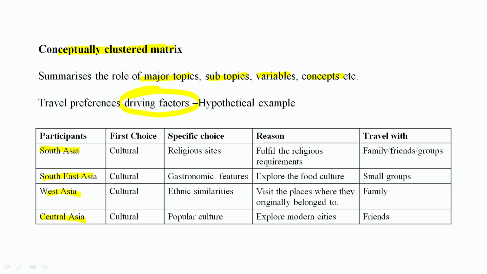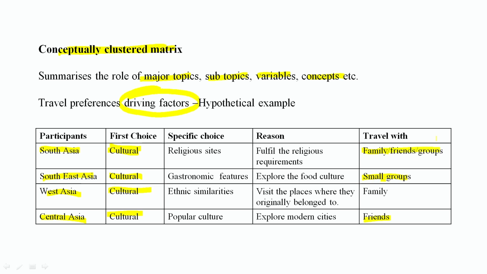So imagine that this study is conducted with a limited set of people who preferred cultural tourist attractions as their first line of motivation. So when we interview, we come to know how they travel: with friends, small groups, or family.